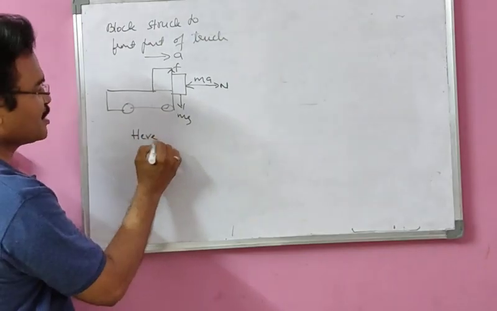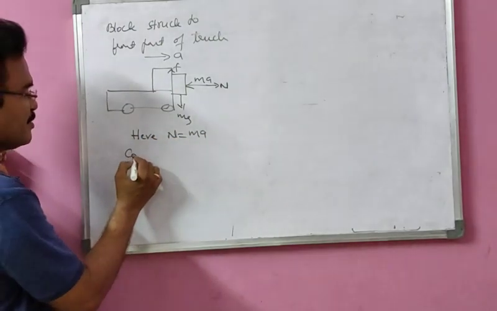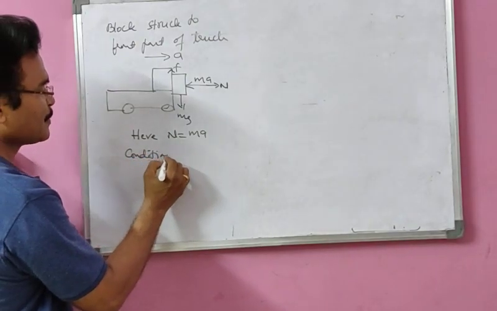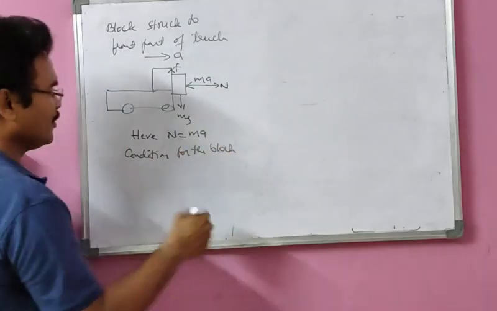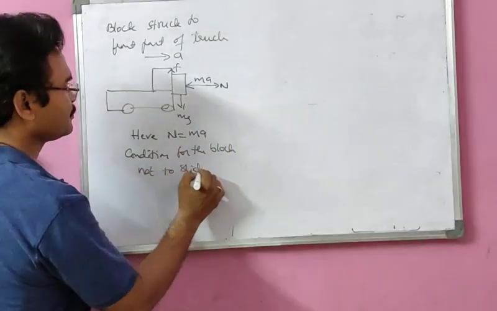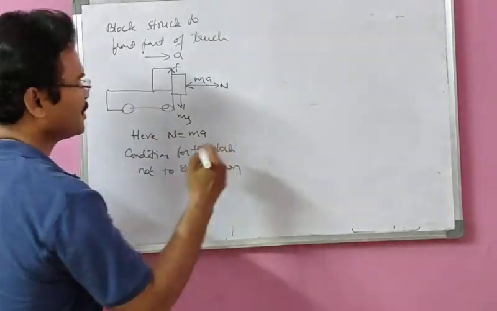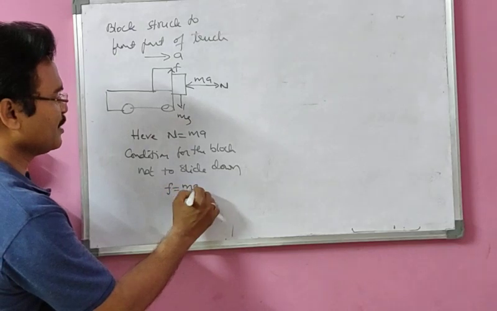Here the normal reaction N equals ma, and the condition for the block not to slide down is that F must be equal to mg.